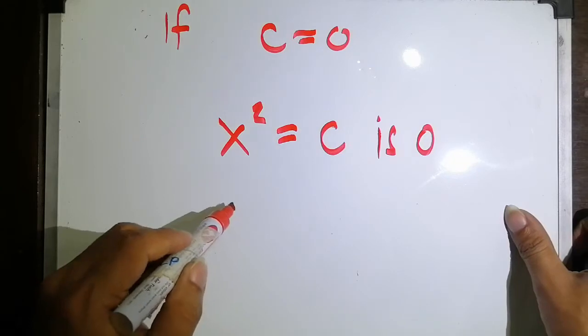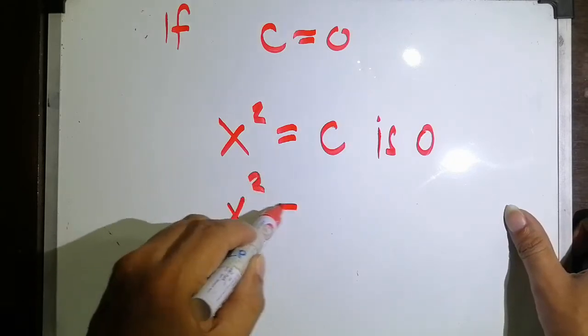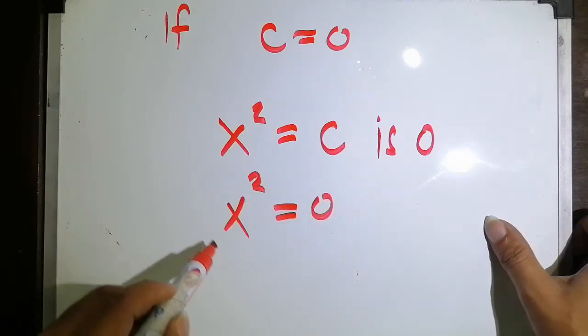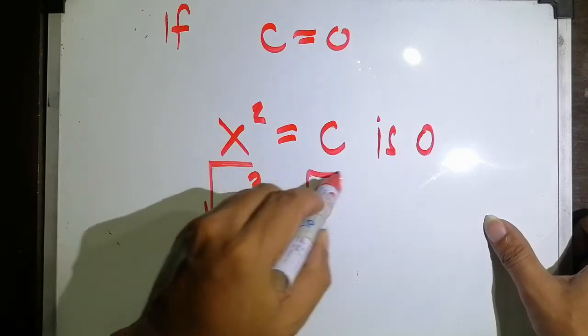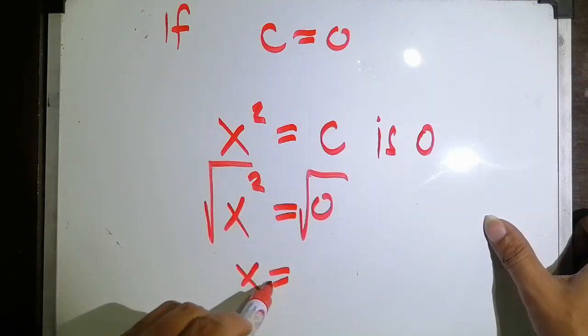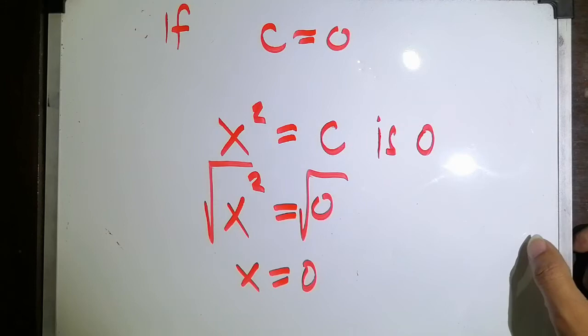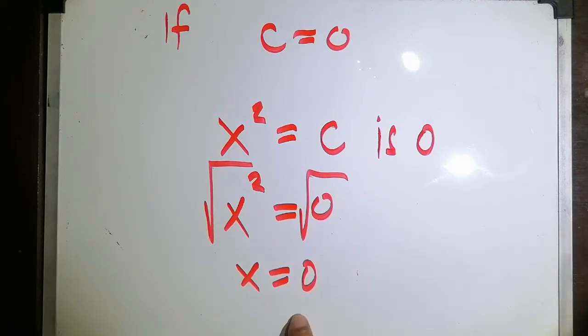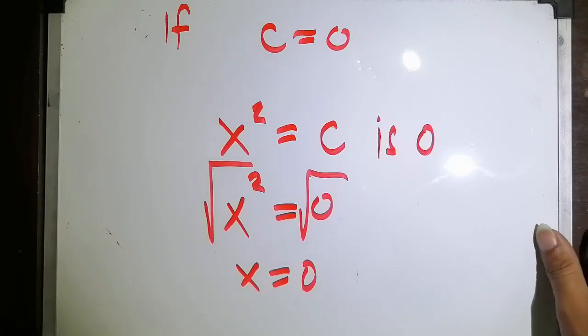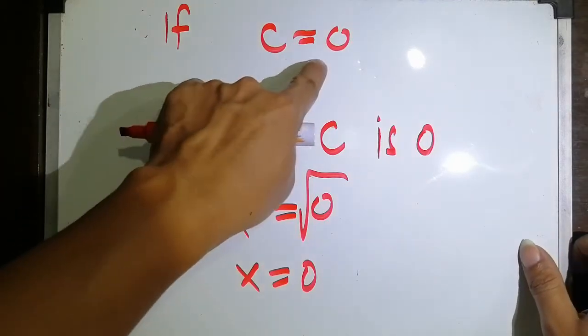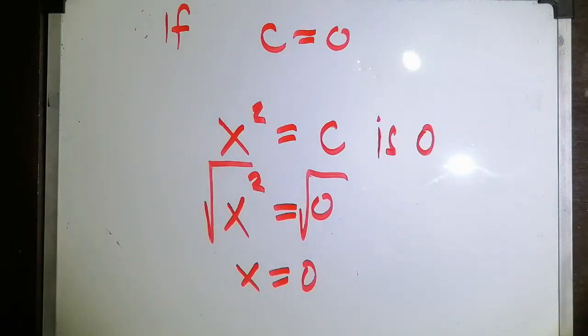So for example, x squared equals 0, so taking the root of both sides, x is equal to 0. Wala nang positive negative kasi wala namang negative 0. Okay, that is kapag yung c natin is equal to 0.